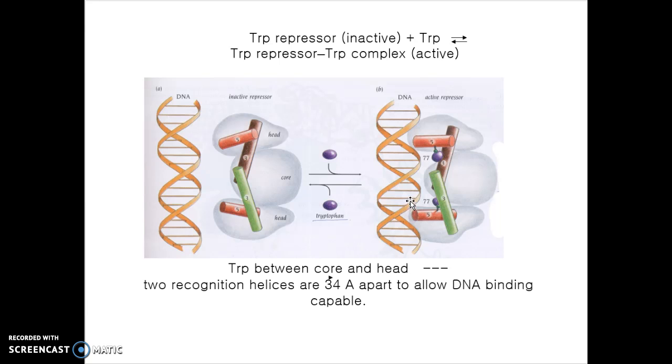It turns out co-repressor tryptophan just binds between helix 5 and 3, changing their structures.